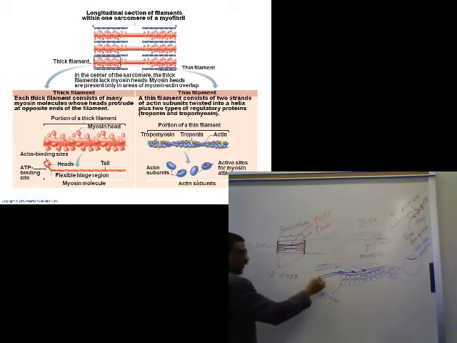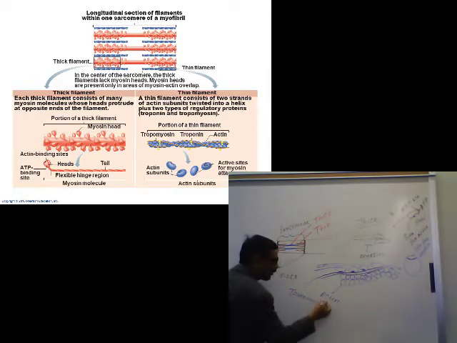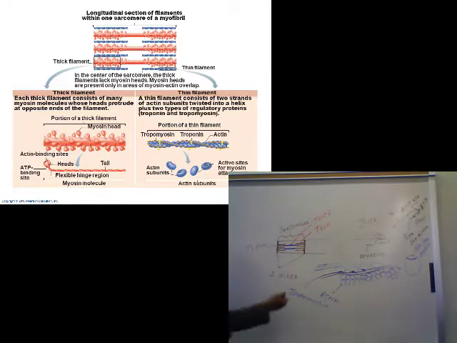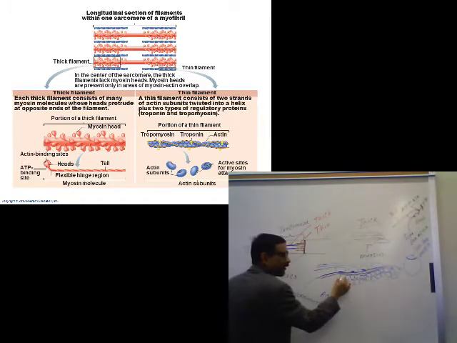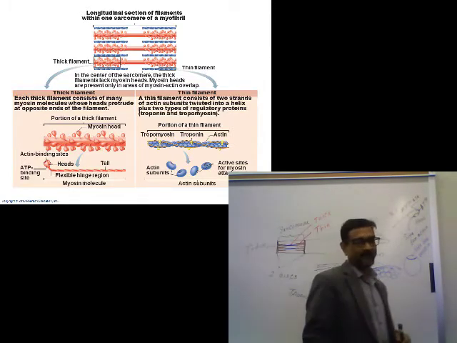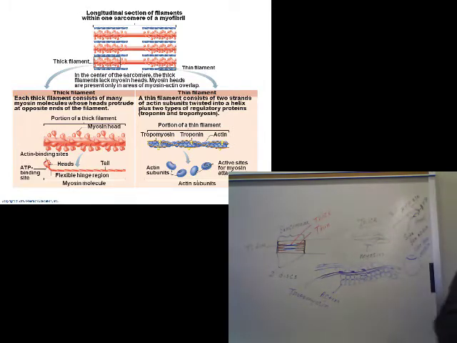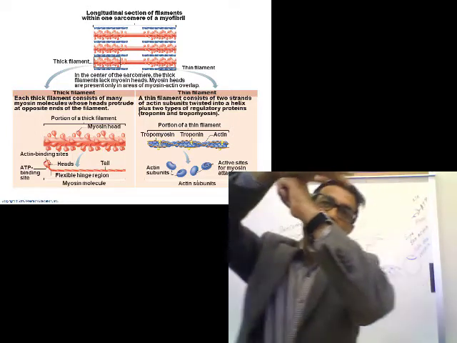That rope-like protein structure is called tropomyosin. Tropomyosin covers the actin balls like this.